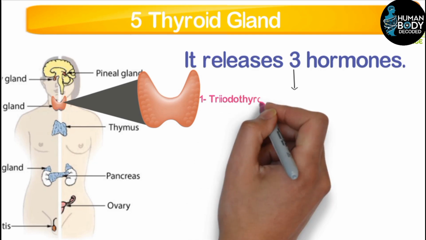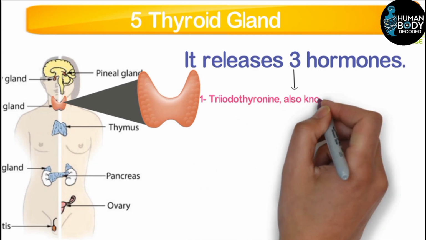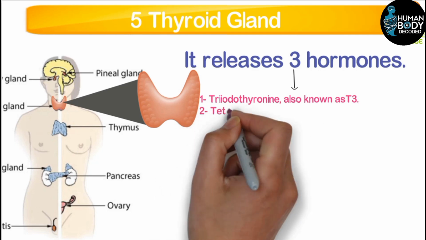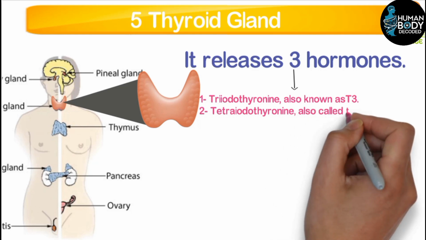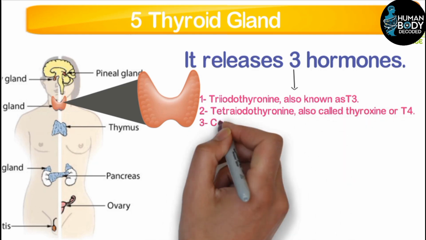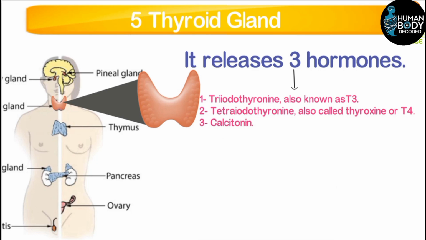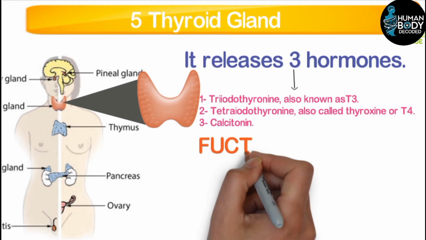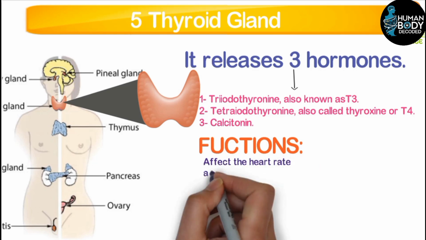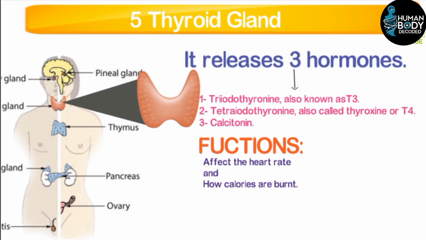Number one, triiodothyronine, which we call T3. The second is thyroxine, or T4. And the third hormone is calcitonin. The thyroid gland releases these three hormones. And they control our body's heart rate and calories.